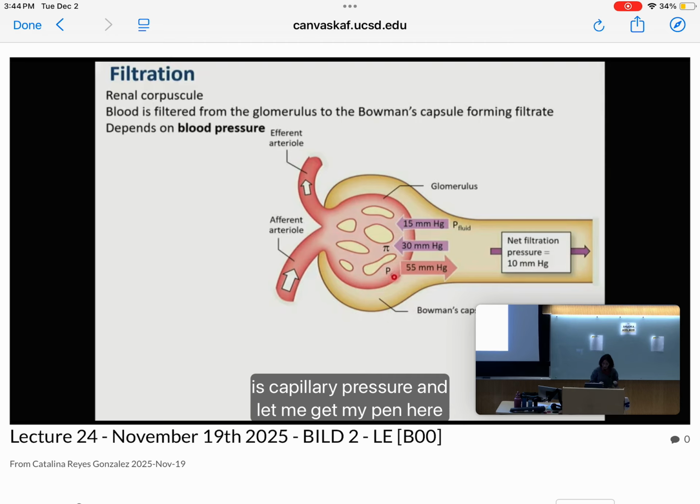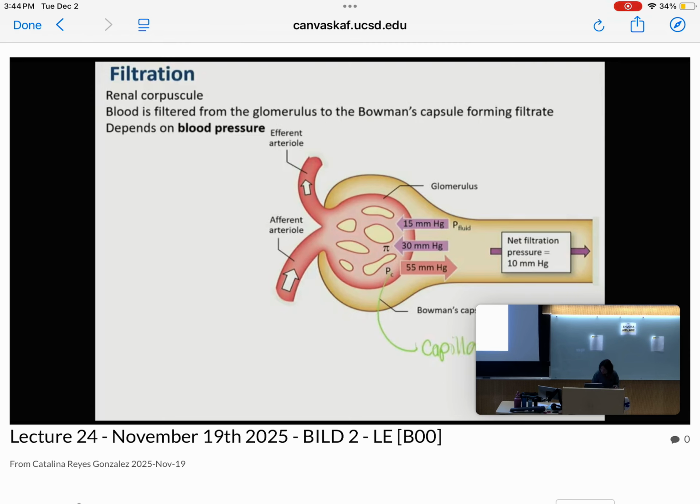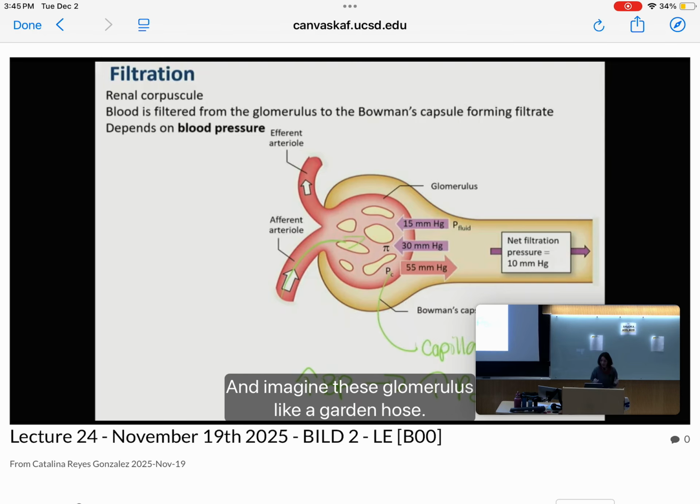So this PC here is capillary pressure, which is really a hydrostatic pressure. And it's going to depend on blood pressure. The higher the blood pressure, or the higher the volume of blood going in here, the higher the capillary pressure.